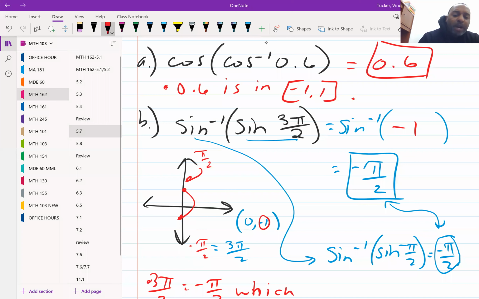Now, negative pi over 2 is the same thing as positive 3 pi over 2. So those are the same values you're talking about right here, and that's negative pi over 2, but it's the same thing as 3 pi over 2.